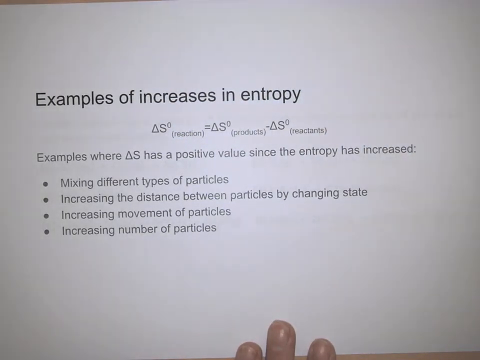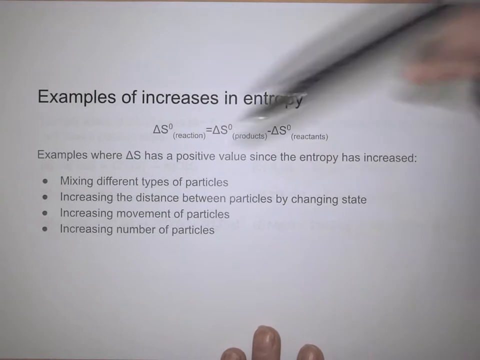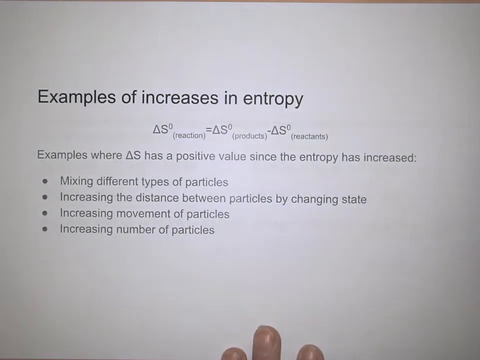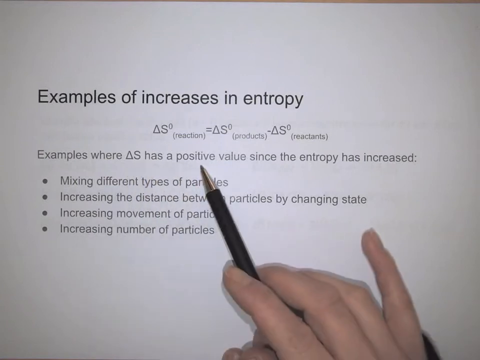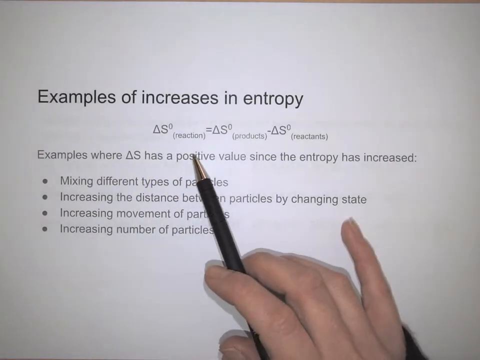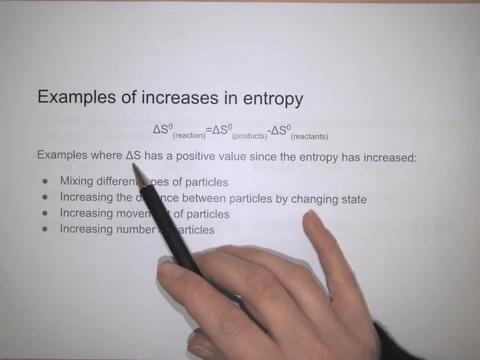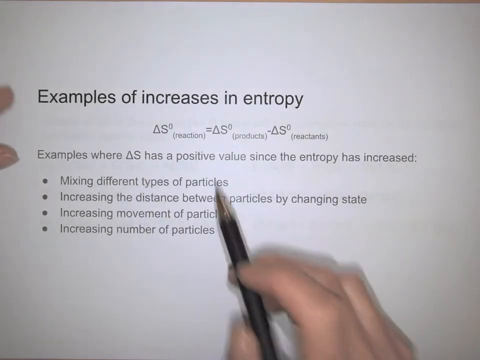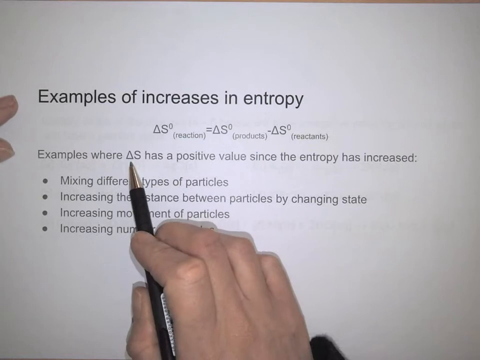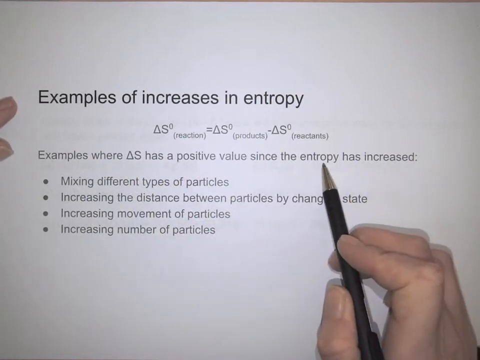I will show you soon how to apply it and which kind of exercise it is suitable for. If you have a positive value of delta S, it means that the entropy will increase. So a positive value of delta S means an increase in entropy.